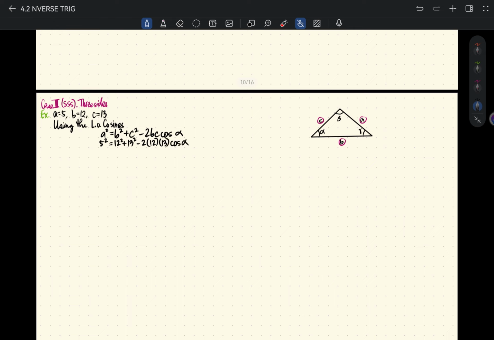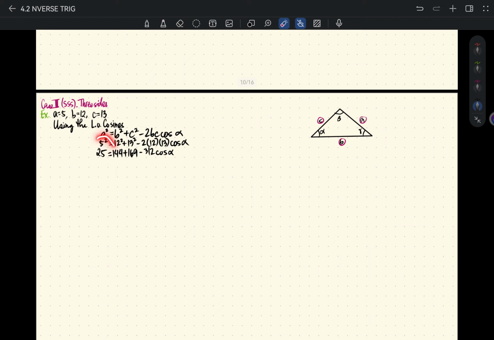Then solving for that, we get 25 equals 144 plus 169 minus 2 times 12 times 13. What do we get here? We have 24 times 13. That's 312 cosine alpha.